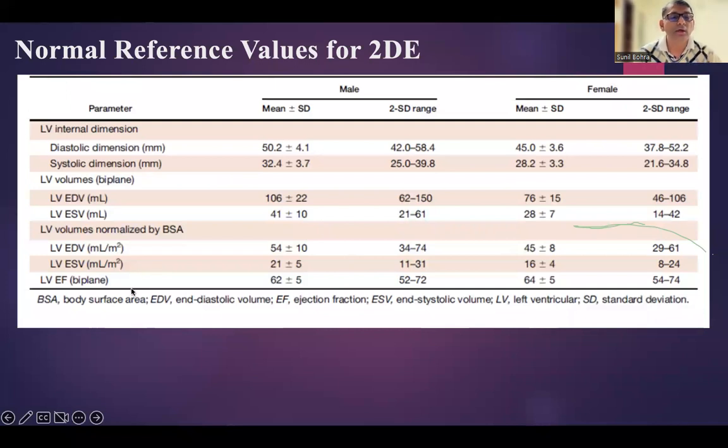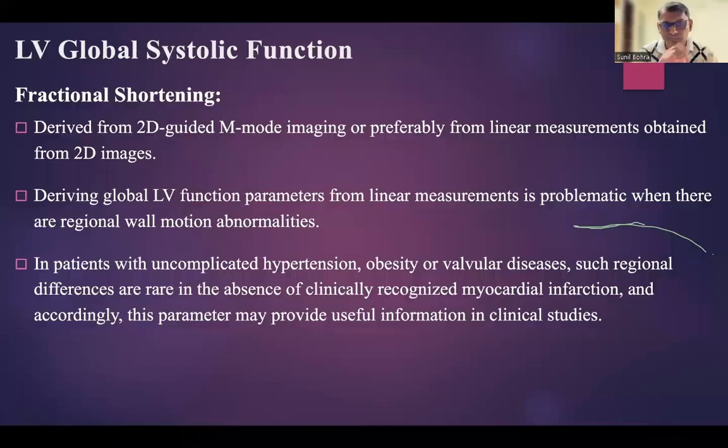Similarly, the end diastolic volume, which we are more interested in along with the end diastolic dimension, which you need to concentrate on, is 106 ml mean in male and 76 ml mean in female. Based on that, we can calculate the EF. Again, 62% is the mean in the normal reference range.